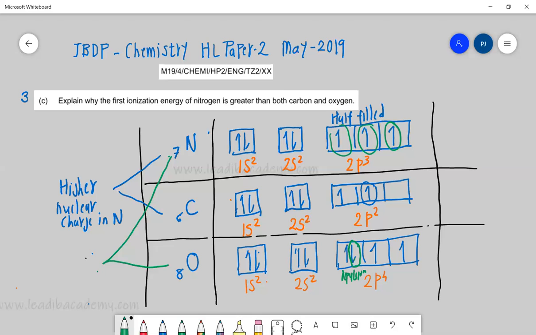Simple. So we will say the reason is pairing of electrons in one of the p orbitals. And as we have seen many times, the half filled gets extra stability.